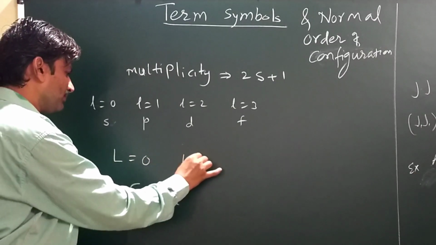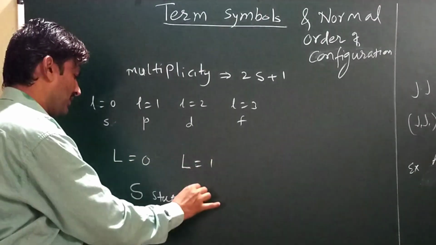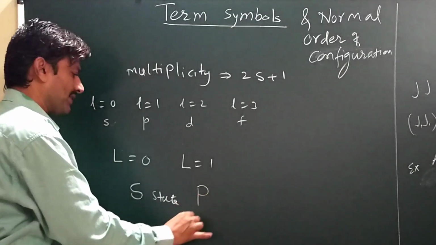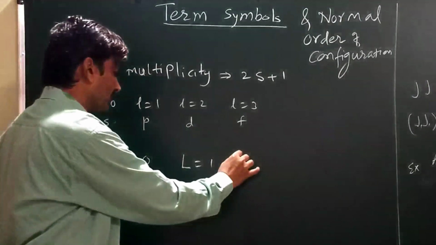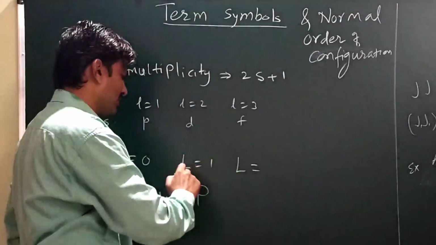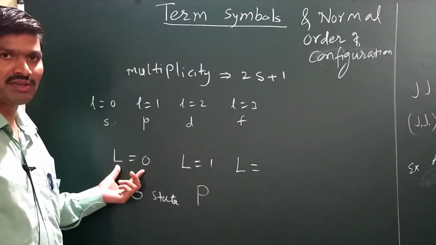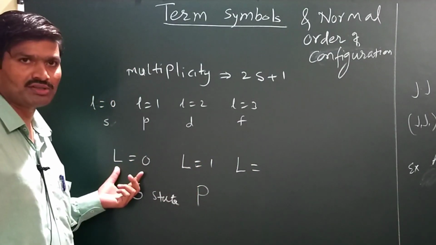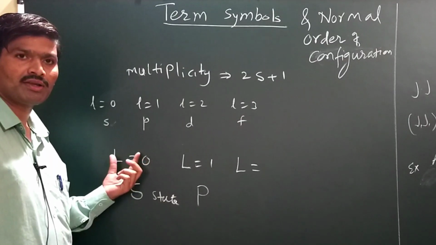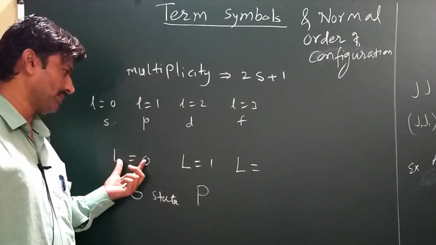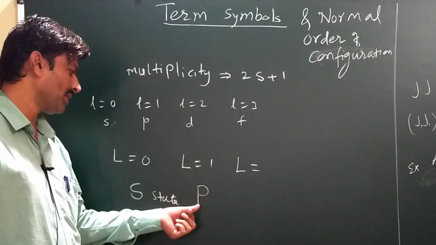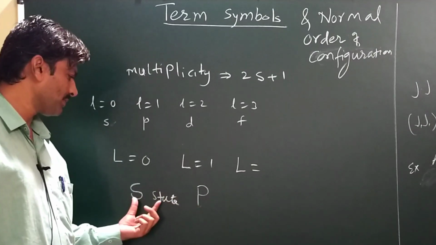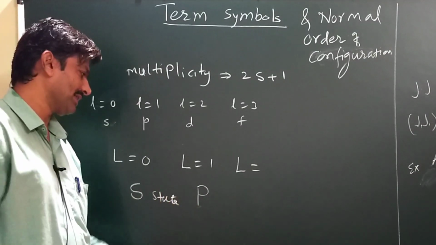For L equals 1, the state is the capital P state, and so on. Here capital L means the orbital angular momentum formed by more than one electron, and the states are represented by capital letters.